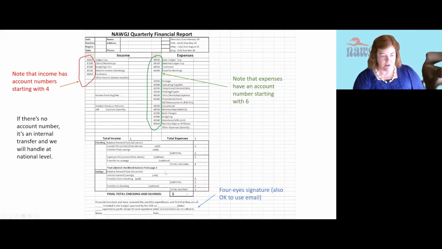And you have a final adjusted checkbook balance here, second page. That goes right here. And right now in the spreadsheet, that isn't automatic, but we can make that happen. That's not a hard thing to do. So those are some little things we'll do to make the form a little better and easier, hopefully, for you.